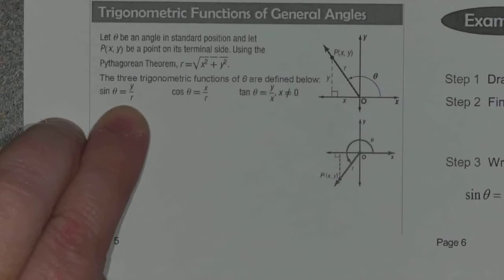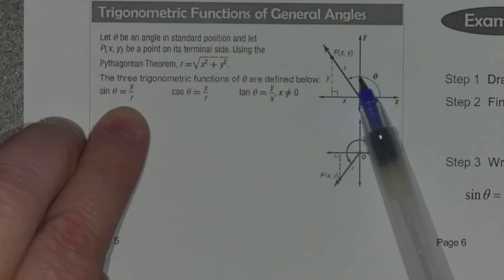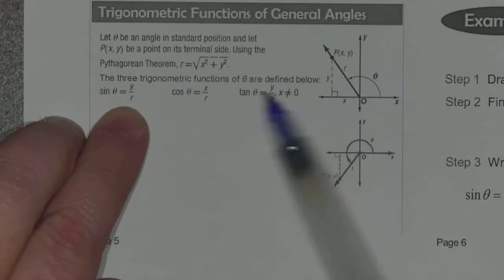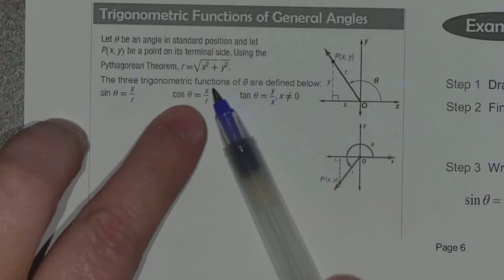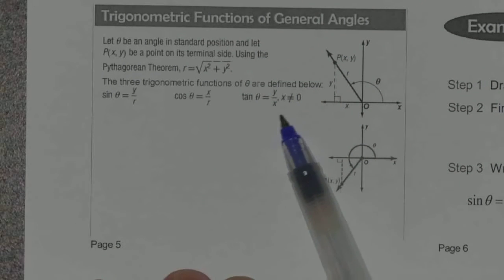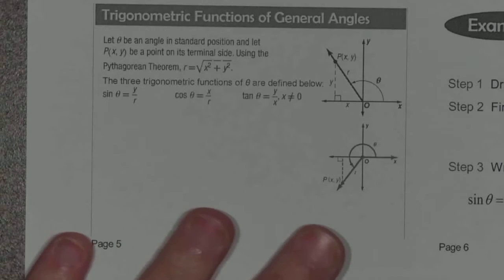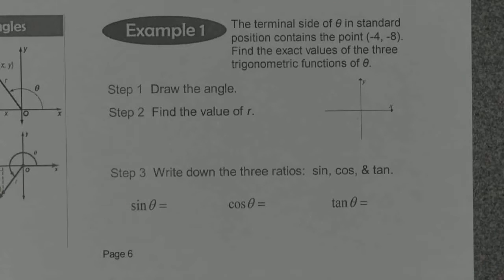But it's still really from that angle, the opposite over the hypotenuse. You can still think about it that way. We just change it to y over r. Okay, the cosine is x over r, and the tangent is y over x. Okay, and then again, y or x can't be 0 because then it would make this undefined, which will happen sometimes. So what we're going to do here is practice doing that with an angle that they give me.